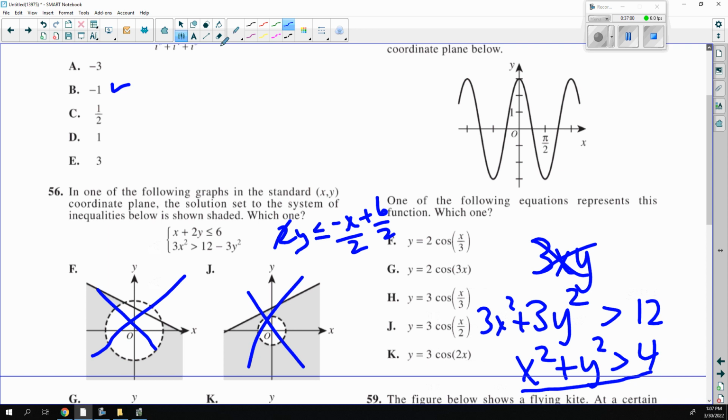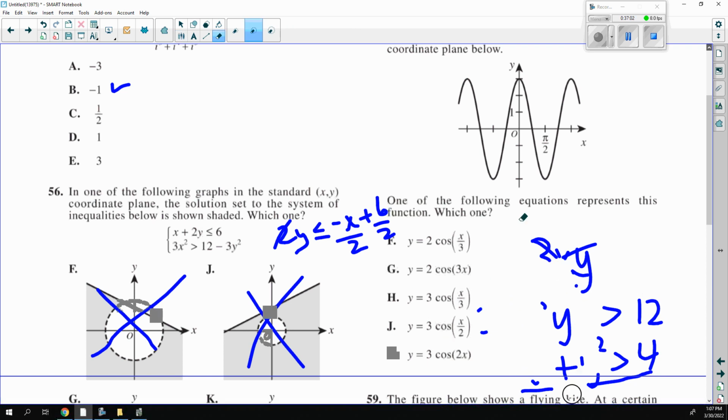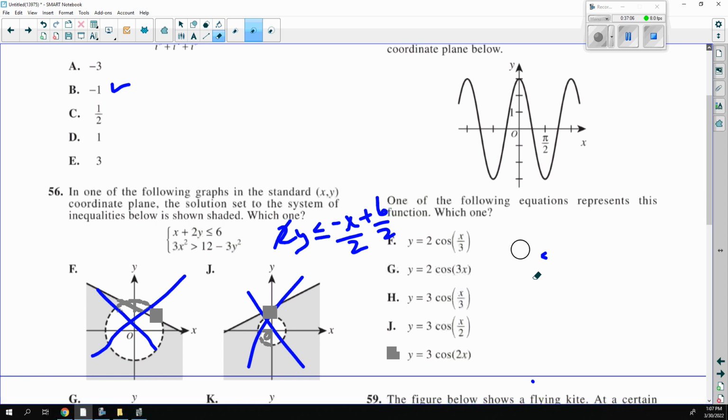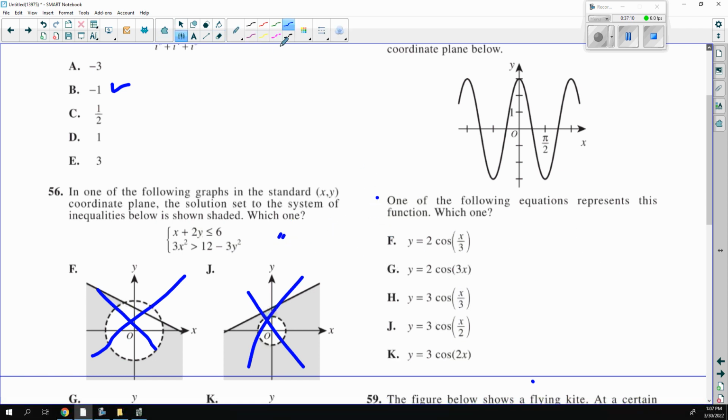Recognizing the graphs backwards, a couple of things going on here. The first is the amplitude is reaching how high? The graph is 3 high, so these guys are dead. It's got to be a 3. Now, what about the period? It looks like this is 2 pi.